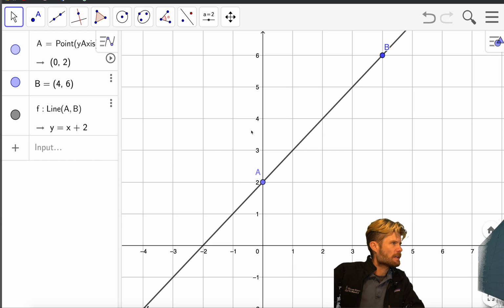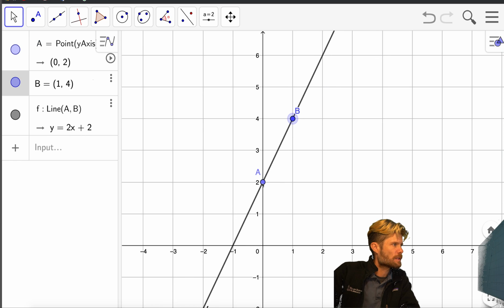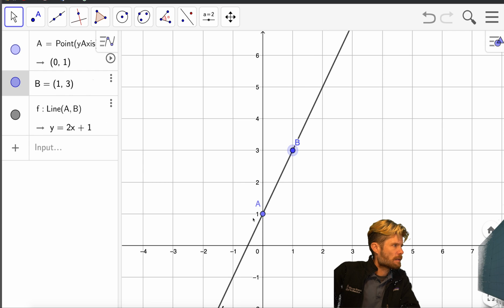Here we have a line y equals x plus 2. The 2 is the y-intercept, and the slope is up 1 over 1. In fact, why don't we just make this have a slope of 2, with a y-intercept of 1, and the slope is rise 2, run 1, so this has a slope of 2.